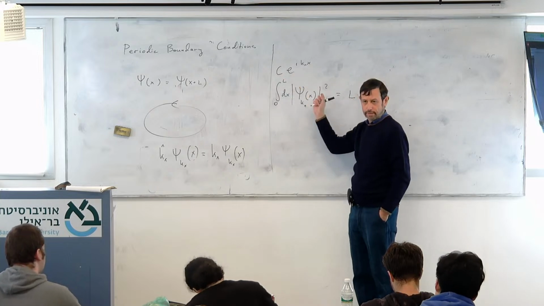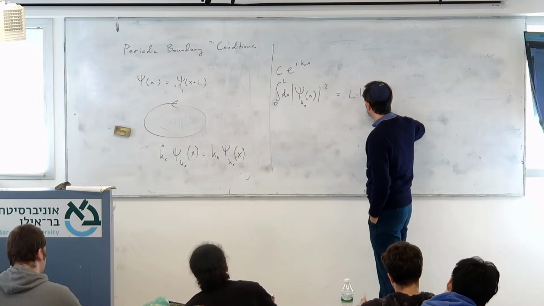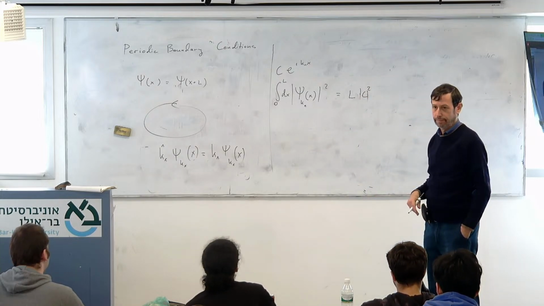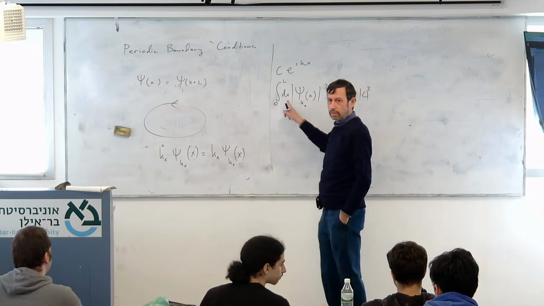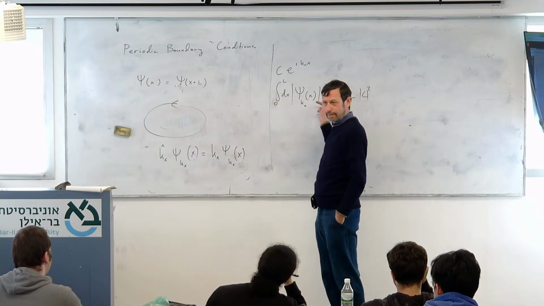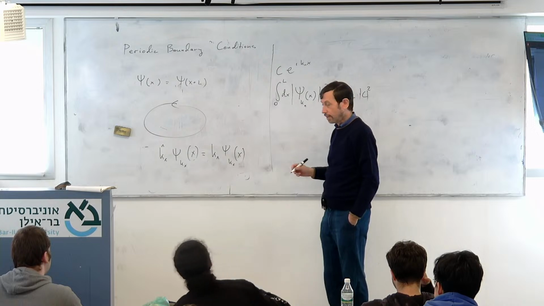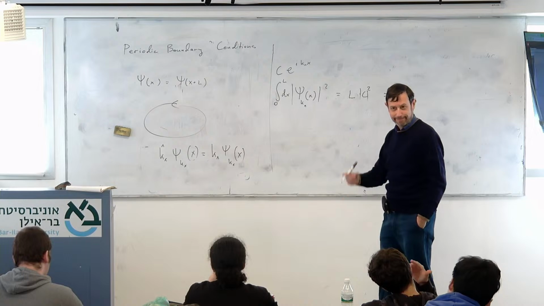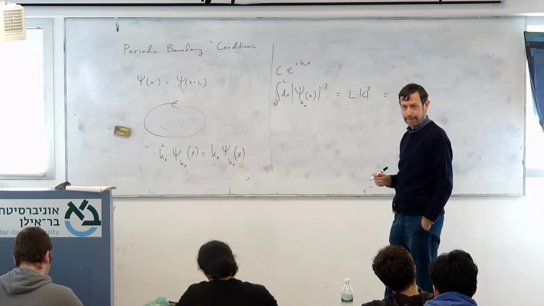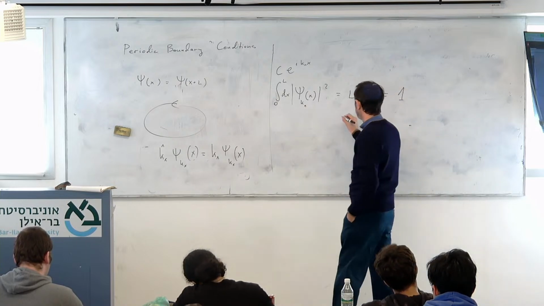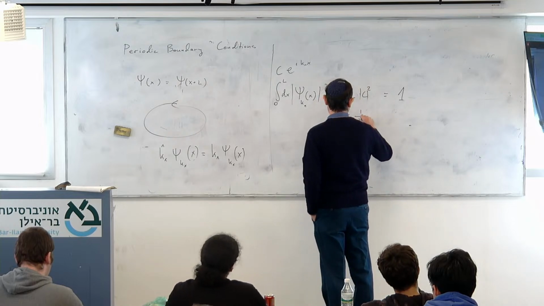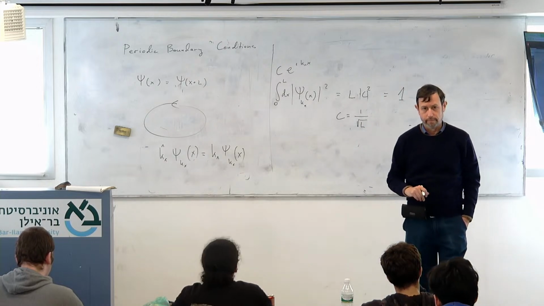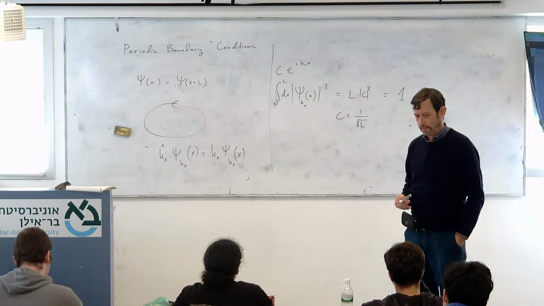C squared, if you want to be more exact. No dependence on x, integral dx over L. And all this has to be normalizable, equal to 1. How do we get this C squared?